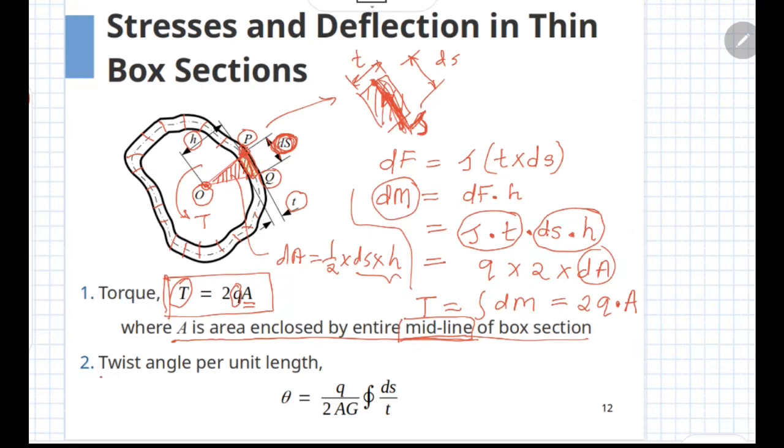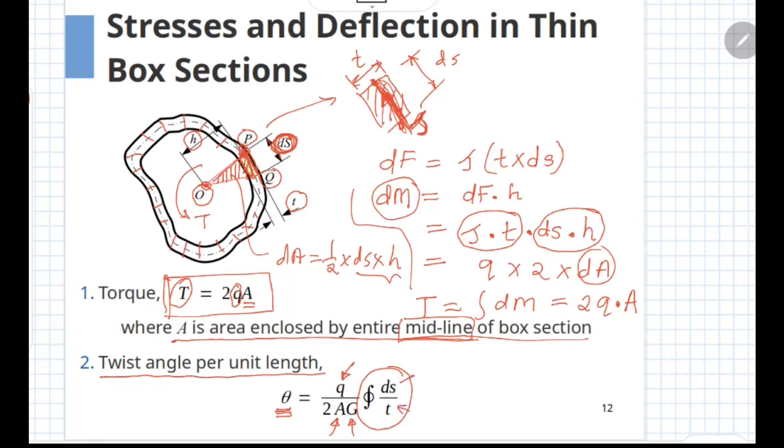The expression for the angle of twist per unit length can be obtained, the derivation of which I am not covering here. The expression for angle per unit length is given in terms of the shear flow Q, the area A, which is the area enclosed by the midline of the box section, the shear modulus, and the path integral or line integral of ds by t.